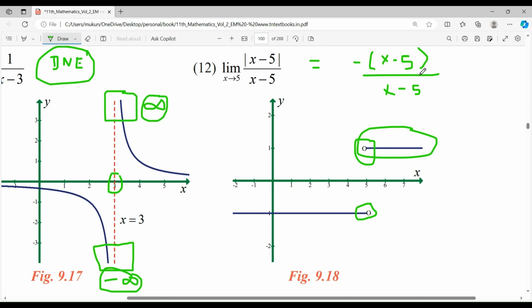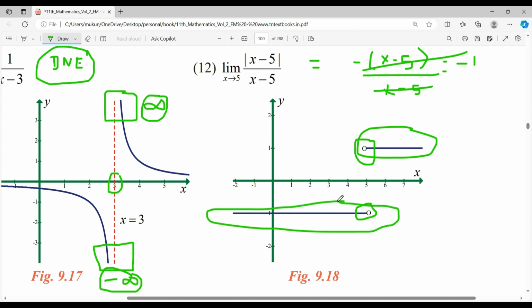We'll have to represent it as minus of x minus 5, so your numerator becomes 5 minus x divided by your denominator, which is x minus 5, which is your minus 1. I cancel this x minus 5 out, right? So which is where you see this graph here. For x less than 5, it takes the value minus 1.